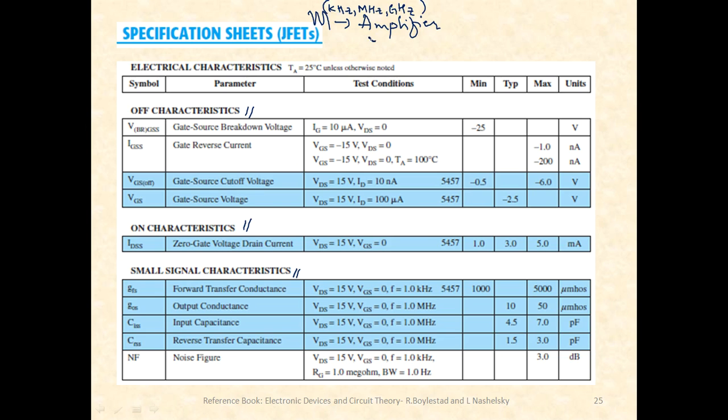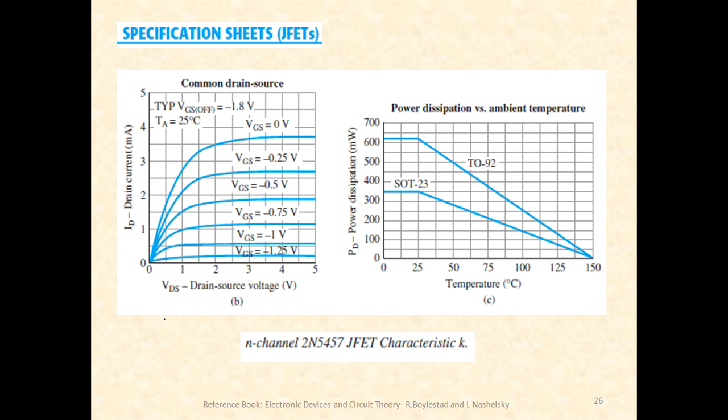So if I consider various frequencies and want to design an amplifier, then the circuit designer will have to concentrate on various parameters, and the most important parameters are the transfer conductance, the output conductance, input capacitance, and so many things. All these parameters should be carefully taken care of.